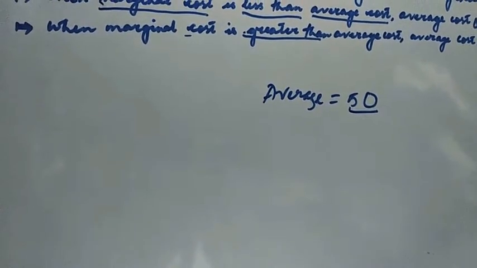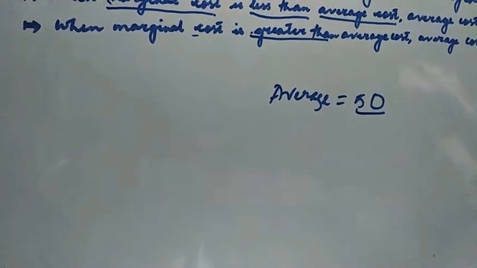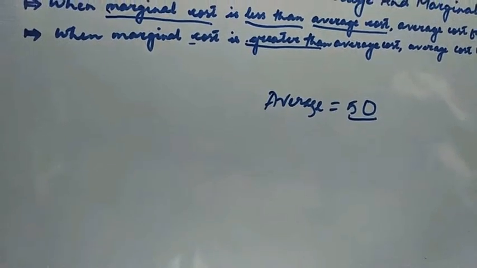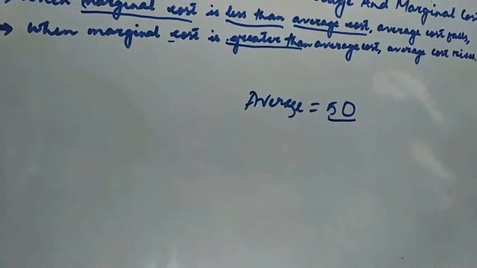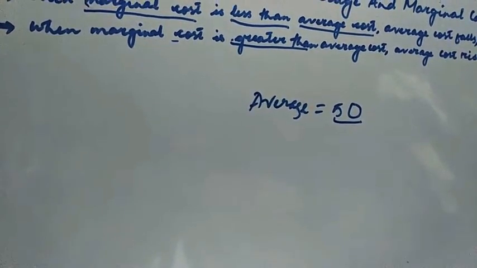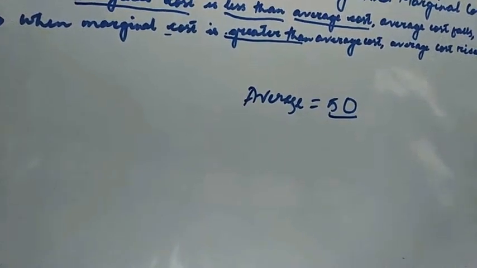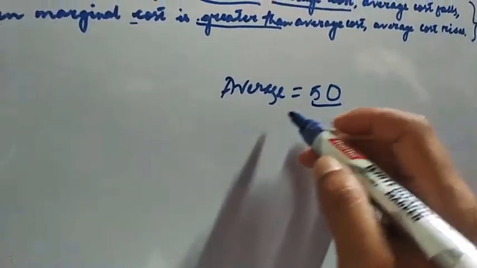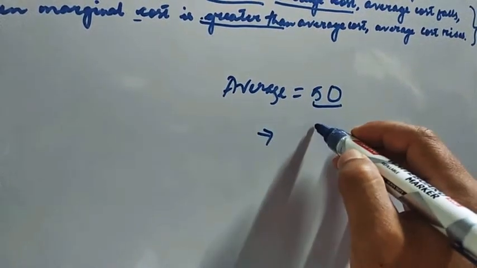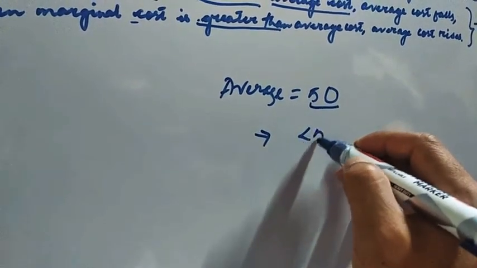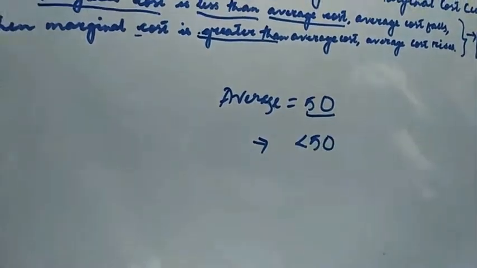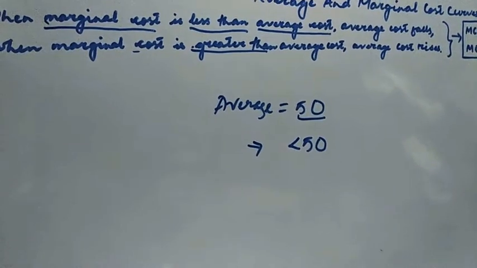What happens is, if in the next innings he scores less than 50, what will happen to his average?